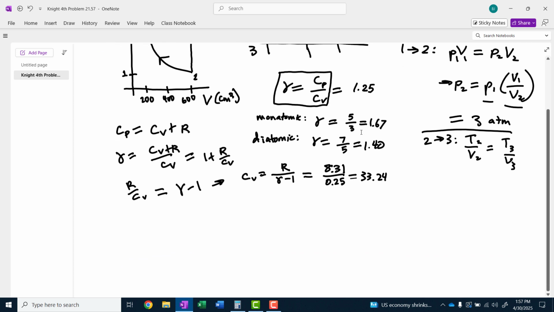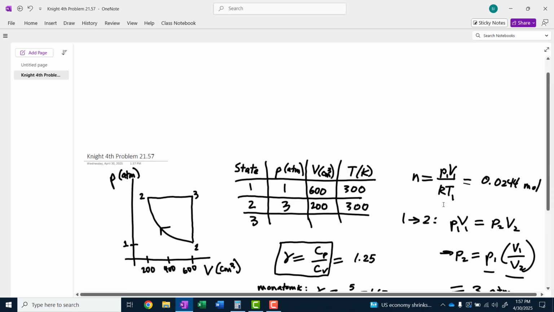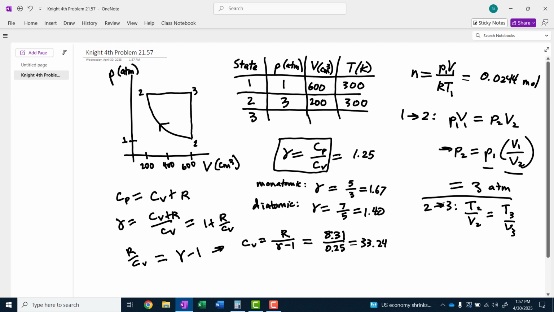And we're interested in knowing, well, let's see, from the graph, having trouble scrolling here. Oh, come on. From the graph, well, the pressure is the same as it was before. It's that 3 atmospheres. And we know the final volume. We don't know the final temperature.